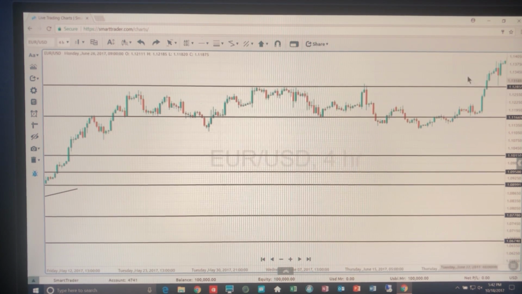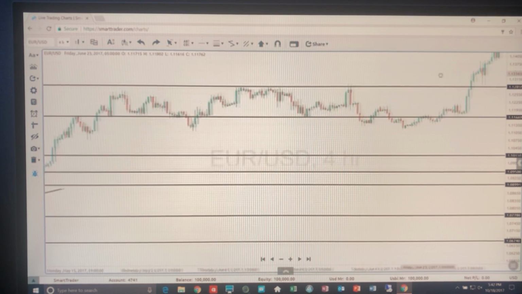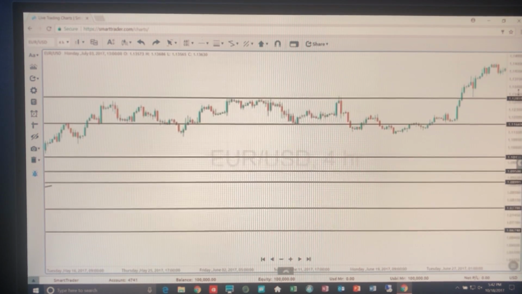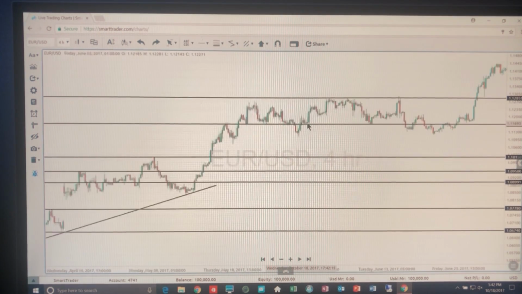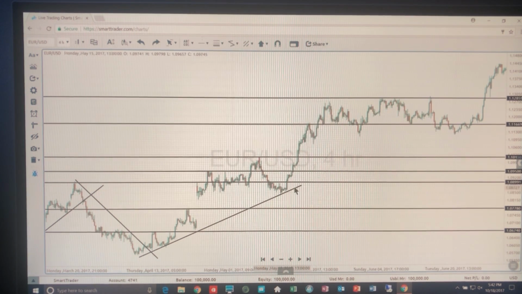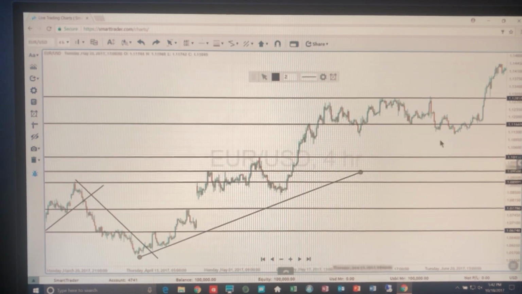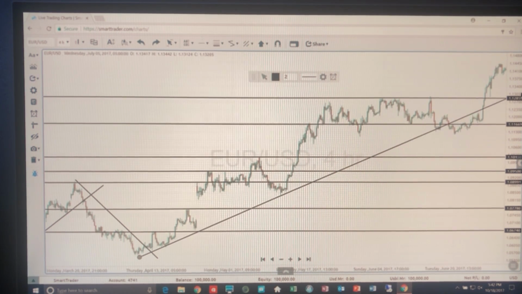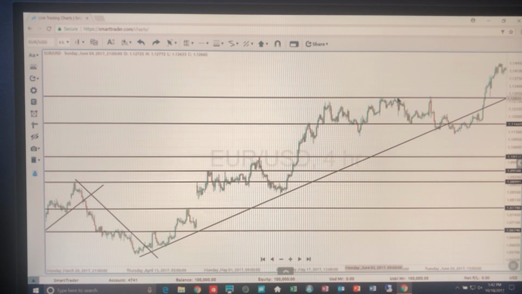Now, here it is, the market comes down, bounces off of past resistance to become future support, and keeps on rallying. Now, this trend will more than likely keep on going until it finally bends and breaks this trend line. But see, right now we're above this trend line, so this past resistance will become its next future support.